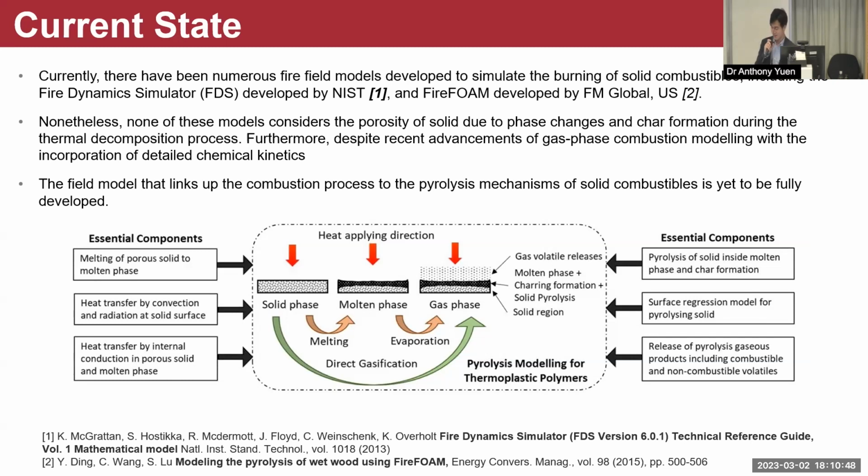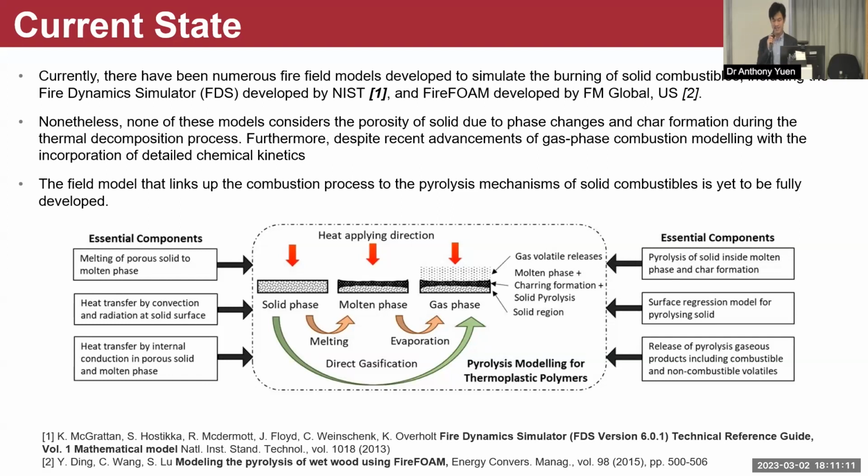The gas phase is where we are interested in terms of our simulation, because combustion occurs when gas volatiles are oxidized and ignited. If you look at the fire triangle, you always need the heat, the oxidizing agent, and so forth.